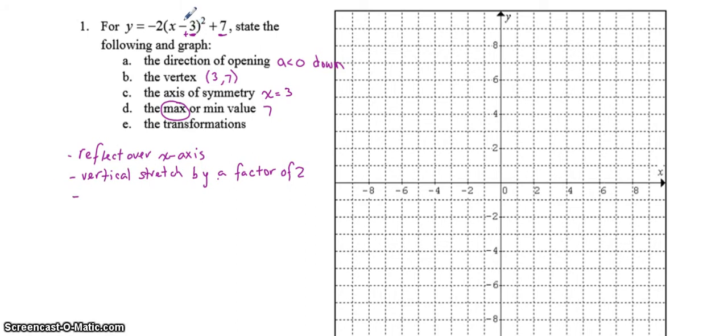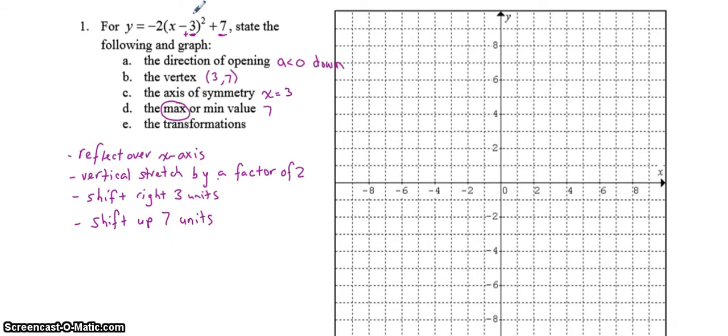The 3, remember that it looks like it's a negative 3, but it's actually a positive 3, so it's going to shift right 3 units. And the plus 7 at the end will shift up 7 units.